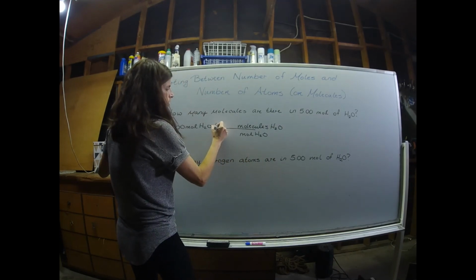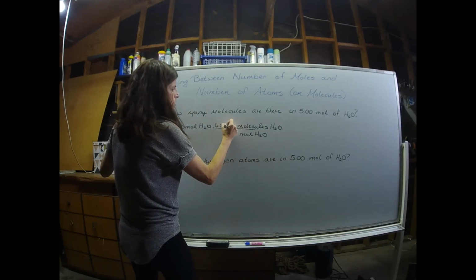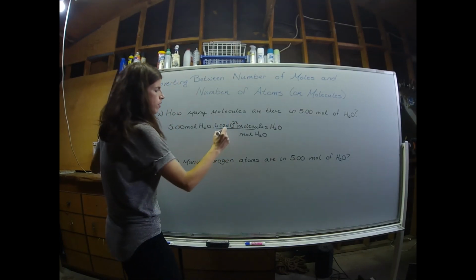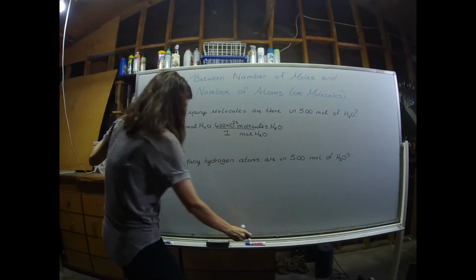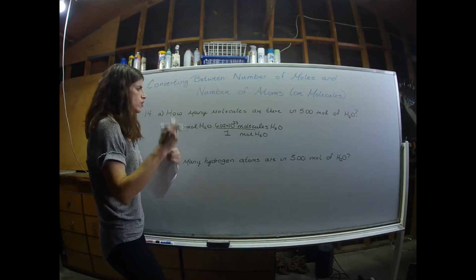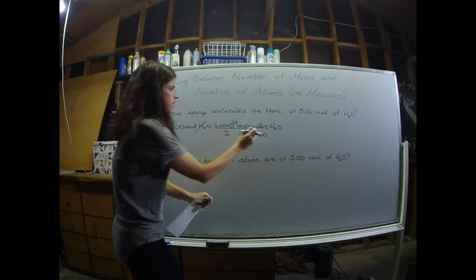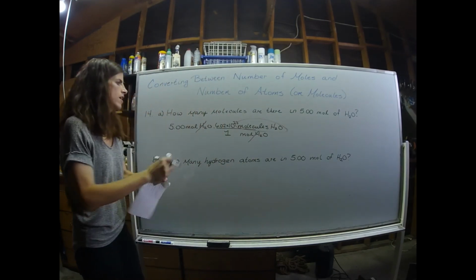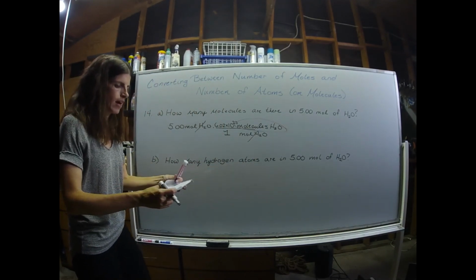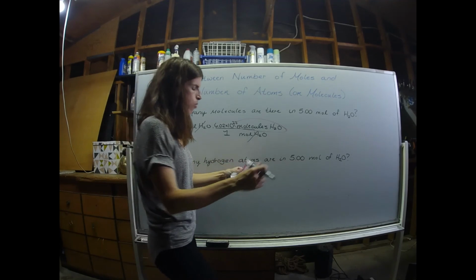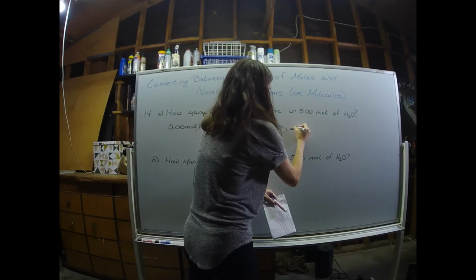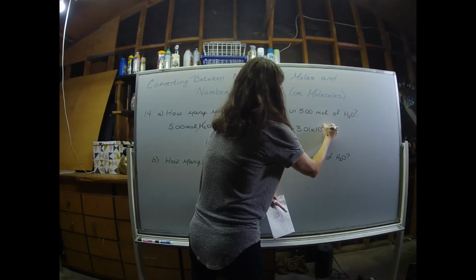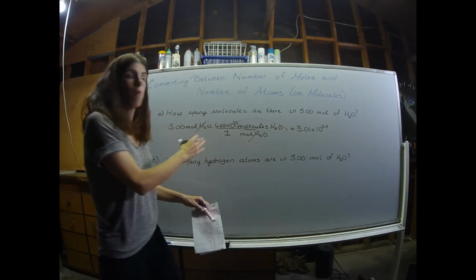There's 6.02 times 10 to the 23rd molecules of water in 1 mole of water. Start canceling stuff. And when I multiply, I got 3.01 times 10 to the 24th molecules of water.